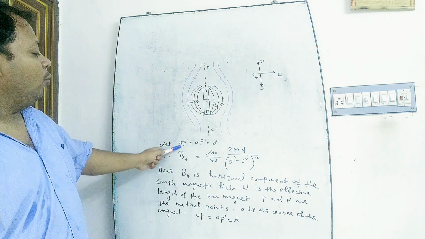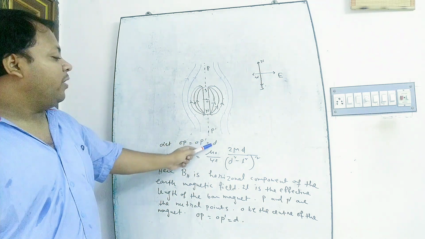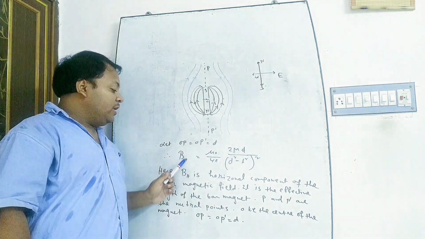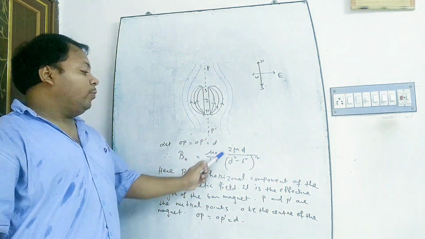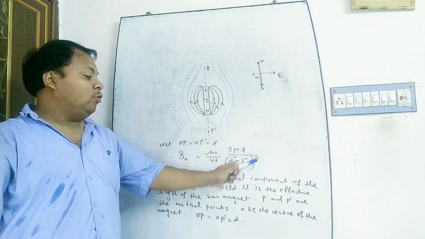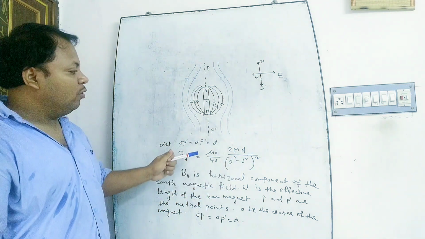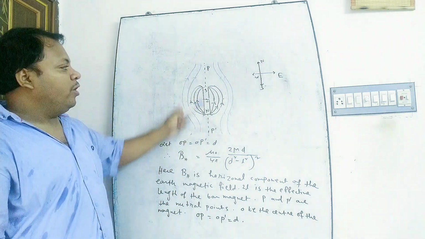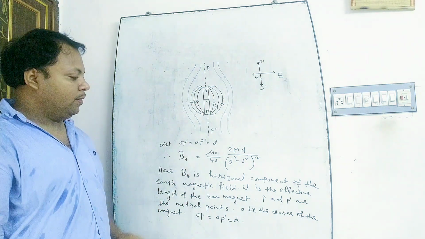Similarly here, OP is equal to OP prime is equal to d. BH is equal to mu 0 by 4 pi, 2 M d by (d square minus l square) whole square. From this formula, we can get the position of the 2 points P and P prime.